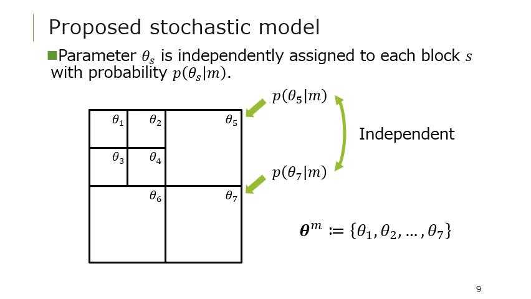Next, under the given M, parameter theta s is independently assigned to each block s with this probability. In this example, theta 5 and theta 7 independently follow these distributions. And the set of parameters is represented by using bold font like this.